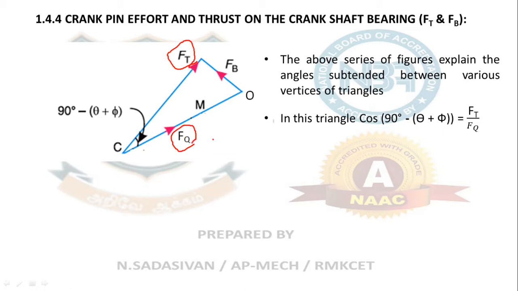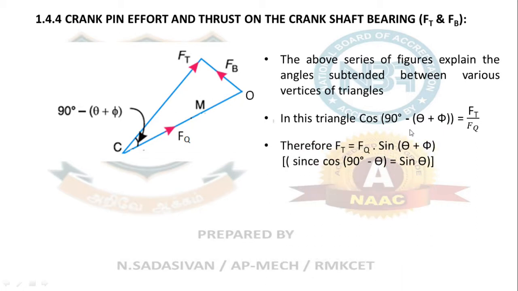So cos of 90 minus theta plus phi equals Ft by Fq. But from the basic trigonometric formulae, I know that cos 90 minus theta is also written as sin theta. So this becomes sin theta plus phi equals Ft by Fq.